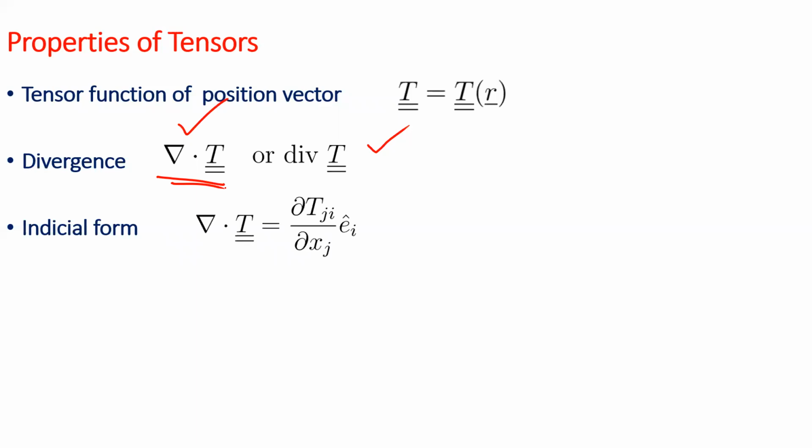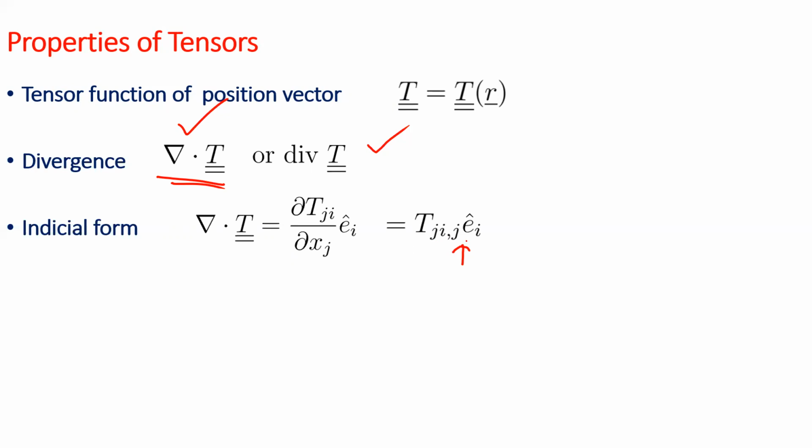And in indicial form, this is what it is, ∂Tji by ∂xj. In index form, of course, the comma denotes derivative with respect to the last variable, not just j, but xj. The comma is indicating that particular partial derivative with respect to the corresponding axis variable.